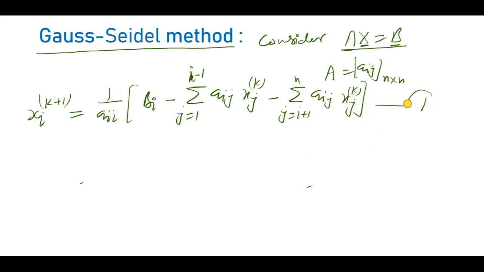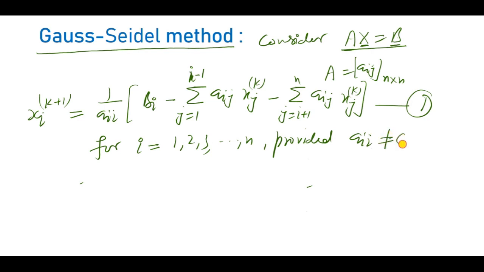Say this is equation 1, and here i = 1, 2, 3 up to n, provided that aii is not equal to 0.